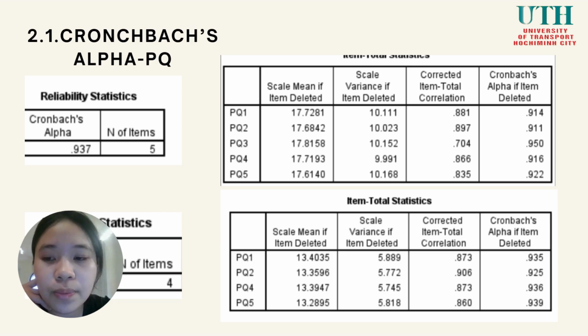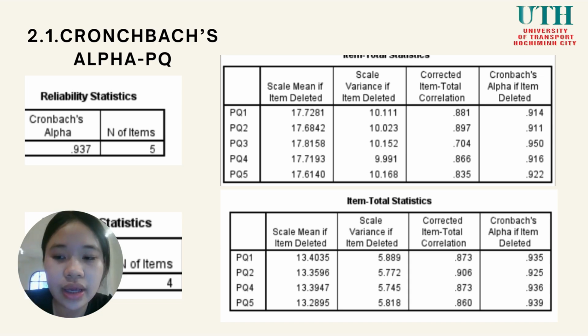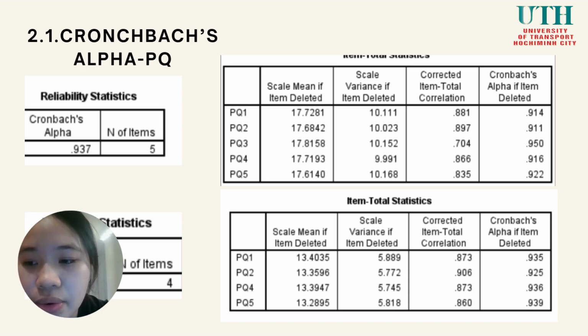Furthermore, if we remove P3, the item with the lowest corrected item-total correlation, alpha increases to 0.950. This confirmed that we have a reliable scale to use in the subsequent stages of analysis.